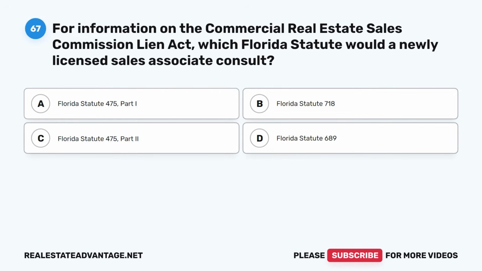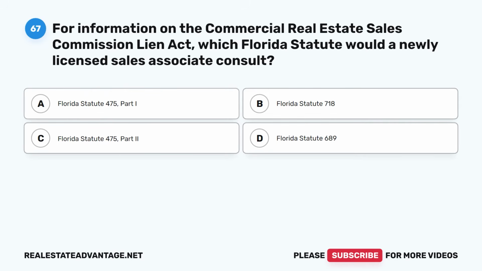Question 67. For information on the Commercial Real Estate Sales Commission Line Act, which Florida statute would a newly licensed sales associate consult? A. Florida Statute 475, Part 1. B. Florida Statute 718. C. Florida Statute 475, Part 2.